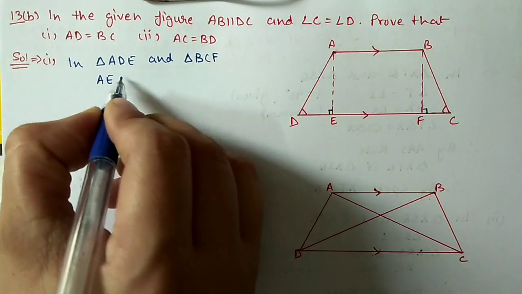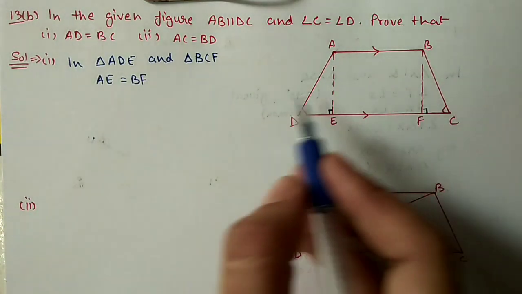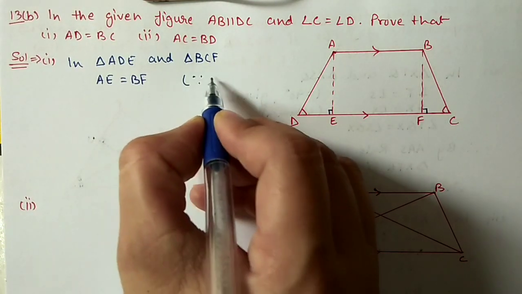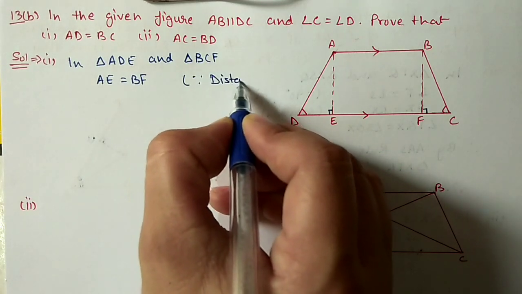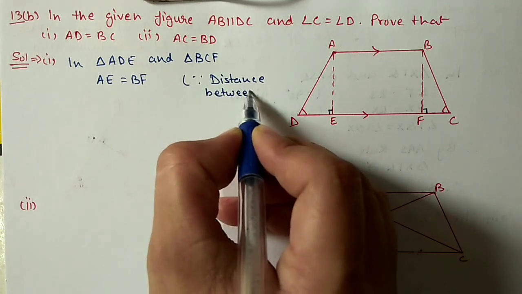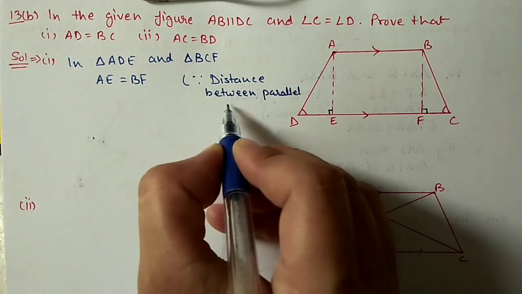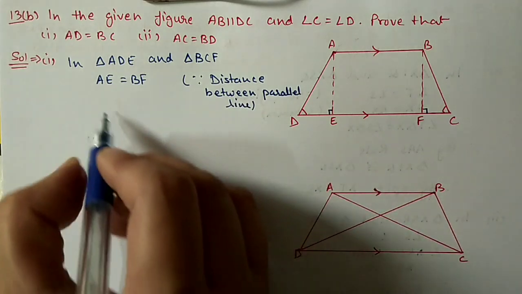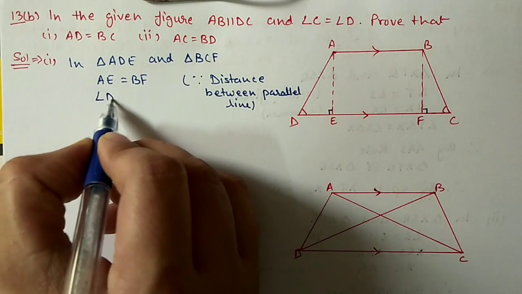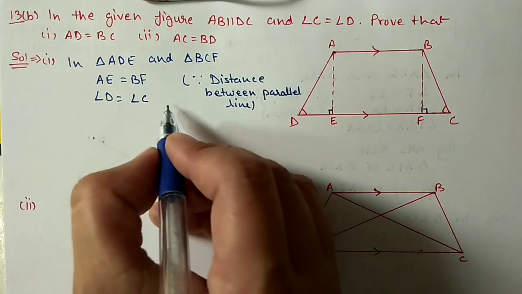AE is equal to BF. These two lines will be equal because the distance between parallel lines will not change, it will be same. Second thing, we can take angle D is equal to angle C. It is given in the question.